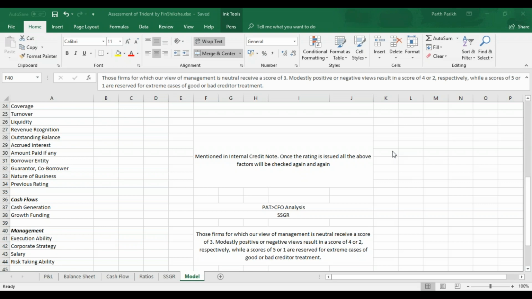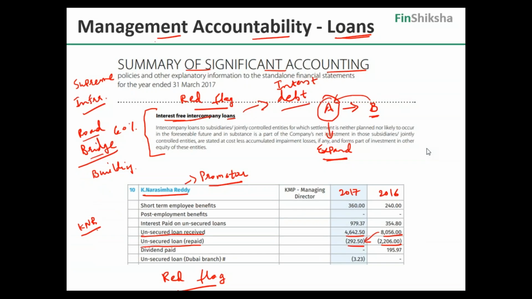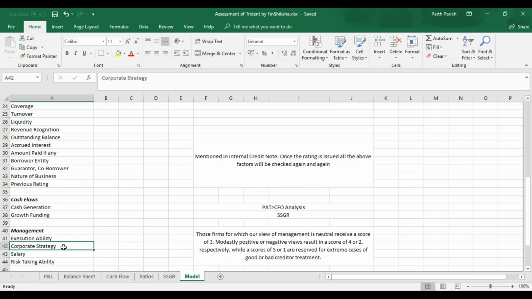Now, depending on your judgment, you have to give a score over here, or a company will give a score over here. So for example, we have discussed the loan part of it, which will come under corporate strategy, how the management treats the equity or debt holders.